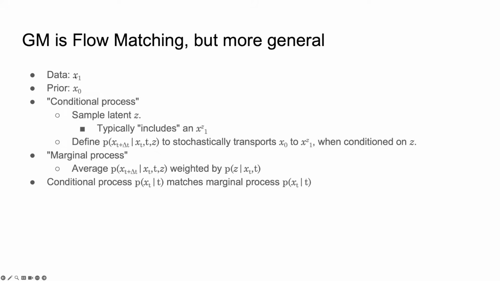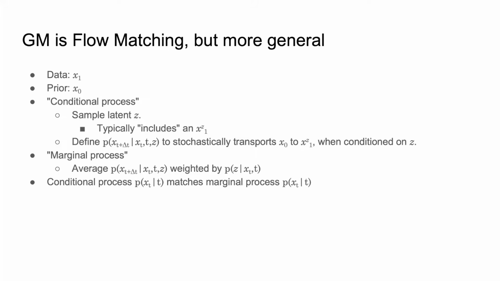You have your data, which we call X1. You have a simple, easy to sample from prior distribution, which we call X0, and you specify a conditional process that first samples a latent Z. That latent Z typically includes one of the X1 elements from the data distribution.